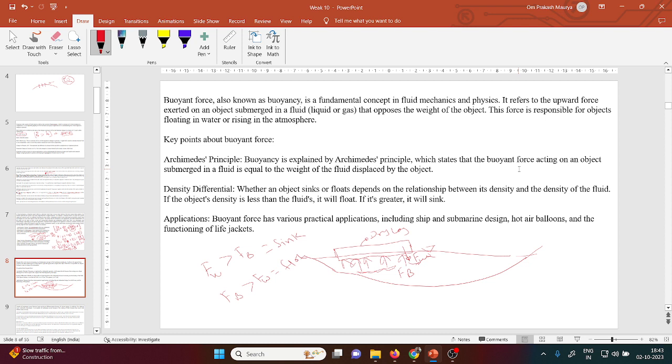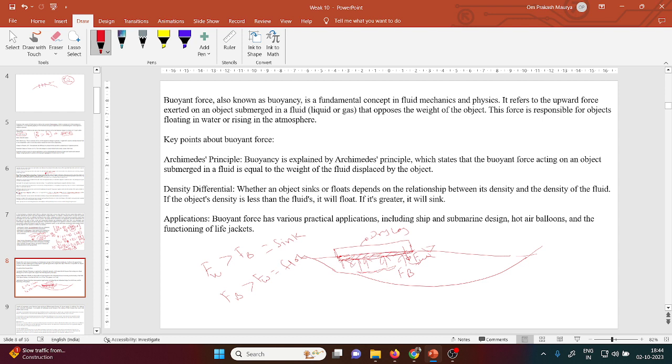Archimedes' principle says that if a volume is sunk in a water body, the weight of the water that this volume displaces from that location represents the buoyant force, which gives the magnitude of the buoyant force.